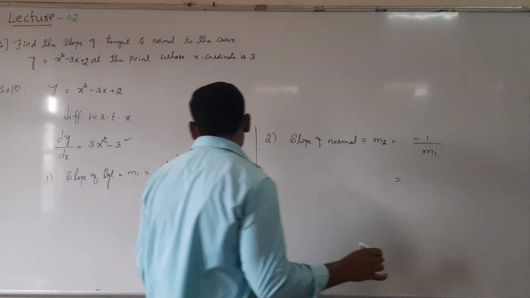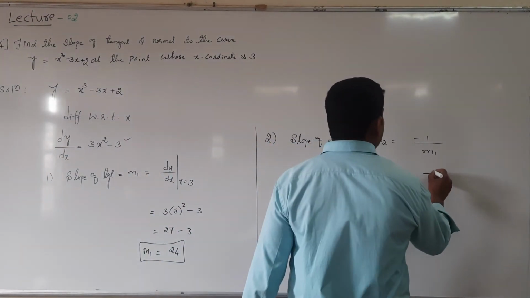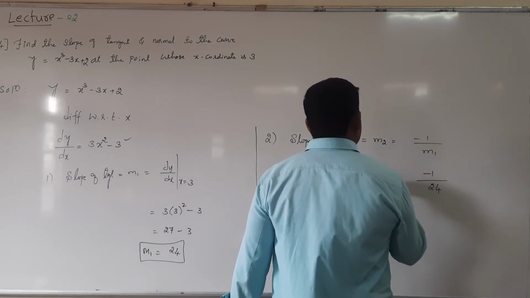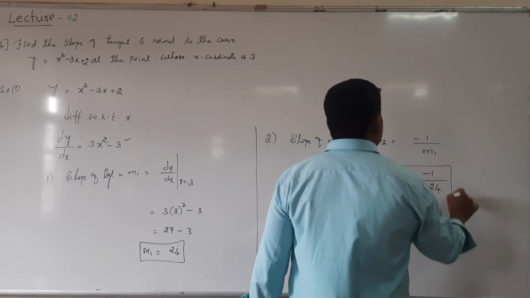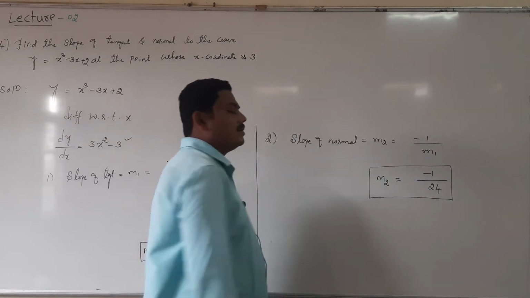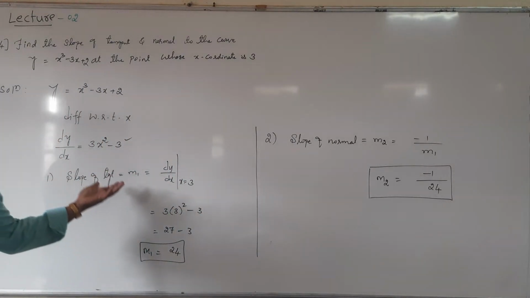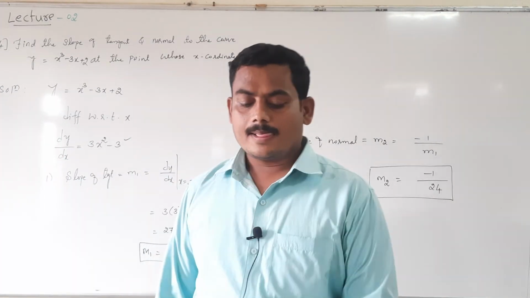Already we have the m1 value, so it is minus 1 divided by 24. This is the slope of normal. First find dy by dx. After finding dy by dx, write the slope of the tangent and the slope of the normal. Right?